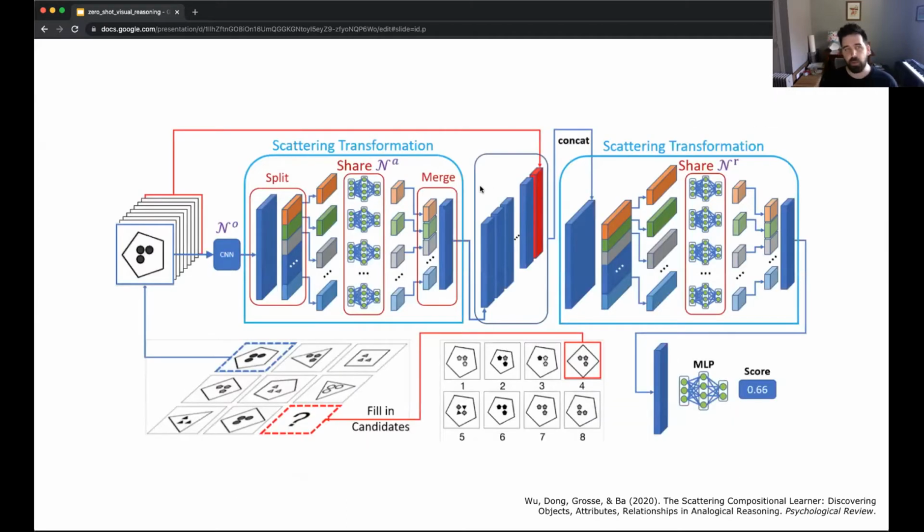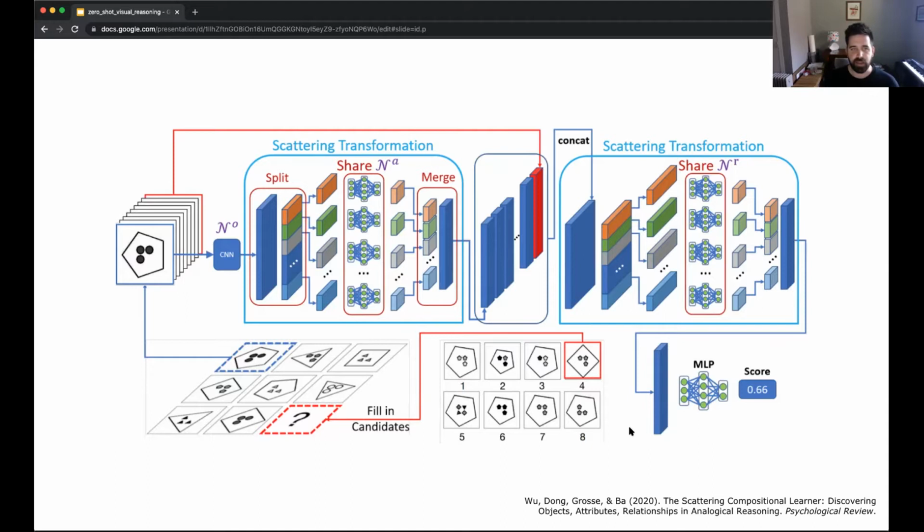And so one interesting result that's come out of that line of work is the finding that even with a massive amount of training experience, it's actually not so easy to build deep learning algorithms that can perform well on these problems. And so this has led to the development of a number of architectures with interesting inductive biases that are well suited to these sorts of problems. Here I have just one example. This one's called the scattering compositional learner.